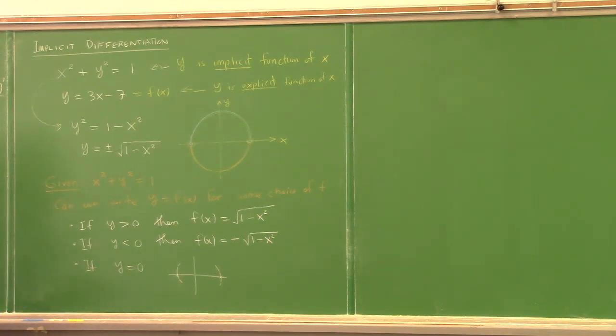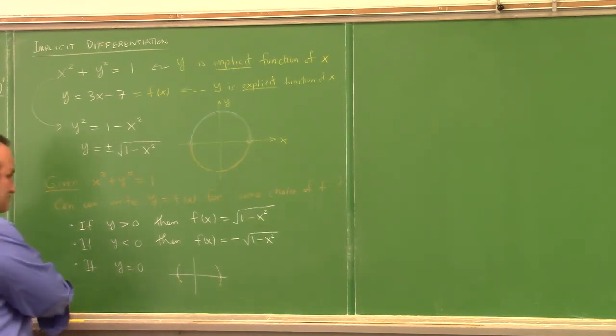But since that's beyond our pay grade, what we're going to do in here is take a rather cavalier approach and assume, given an equation, that we're at a point where we can solve for y as a function of x, and we're just going to go on that basis. All right, so that's our MO in here.